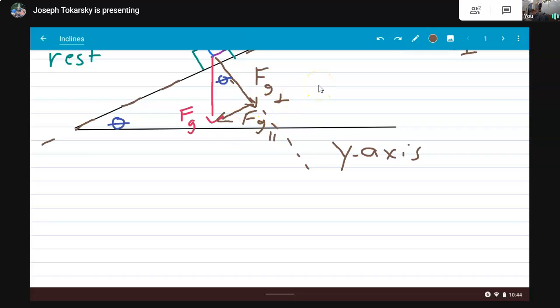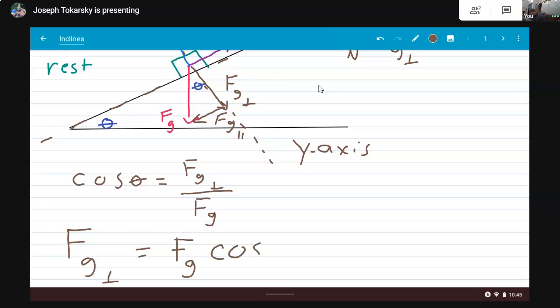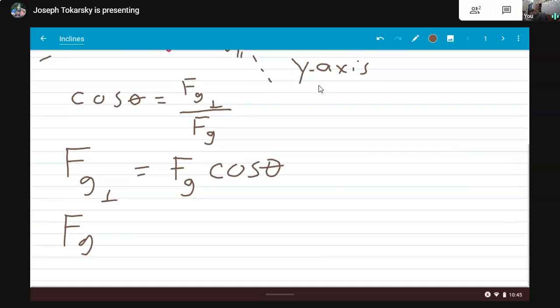So if we use cosine theta, that's going to be equal to, from SOHCAHTOA, adjacent over hypotenuse, or in other real words, FG perpendicular over the hypotenuse, the overall weight. Now usually we use this formula to solve for FG perpendicular, so I'll isolate that by multiplying weight over to the other side. And another secondary substitution we can make, it's the same formula, but if needed we could say weight is equal to mg.